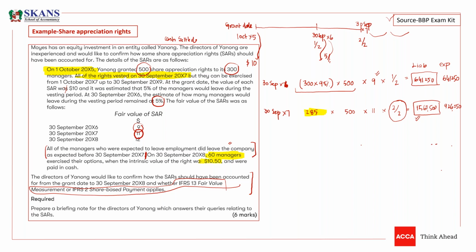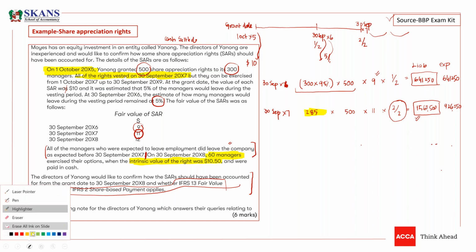Intrinsic value means the amount that you are paying them. So cash paid will be the intrinsic value, and they were paid in cash. So 10.5 is being paid to the 60.